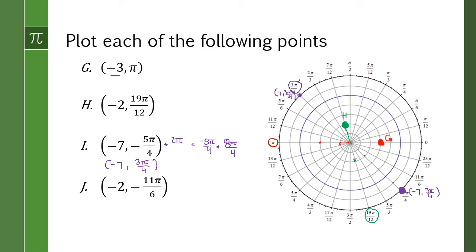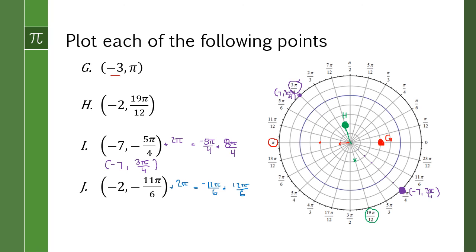One more example where we have both a negative radius and a negative angle is this last point labeled J. So again, when the angle is negative, take care of that first by adding 2 pi. So that would be negative 11 pi over 6 plus 12 pi over 6.